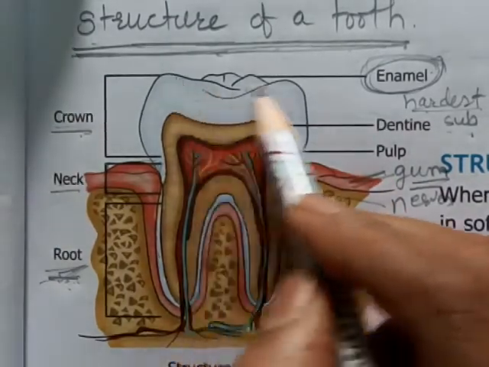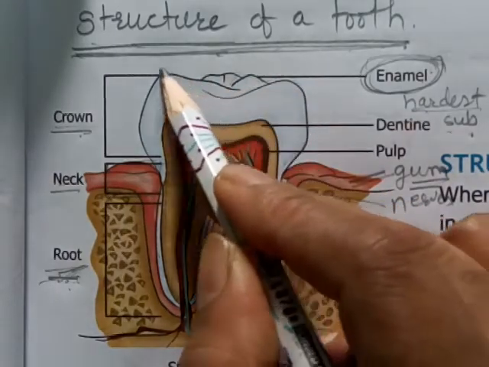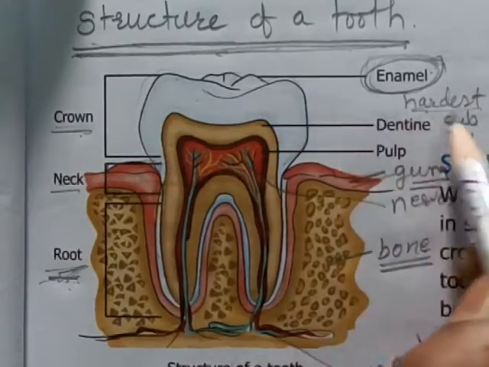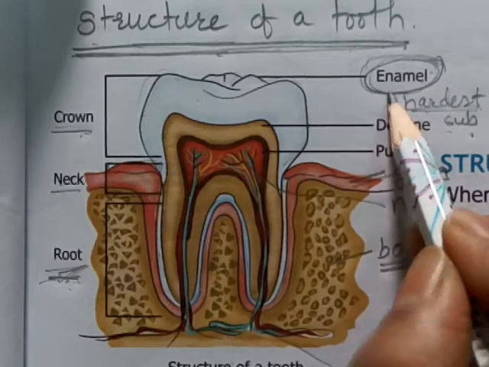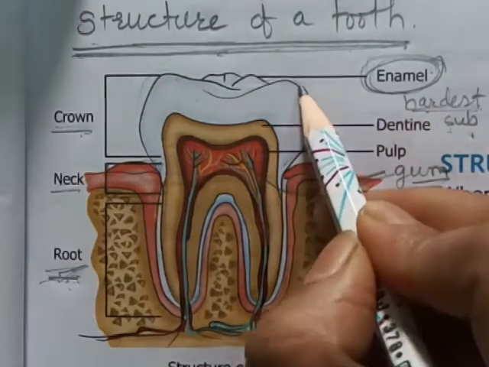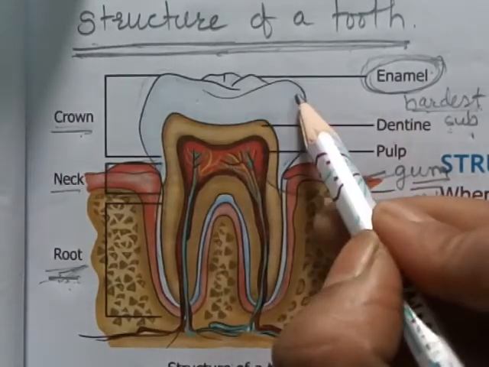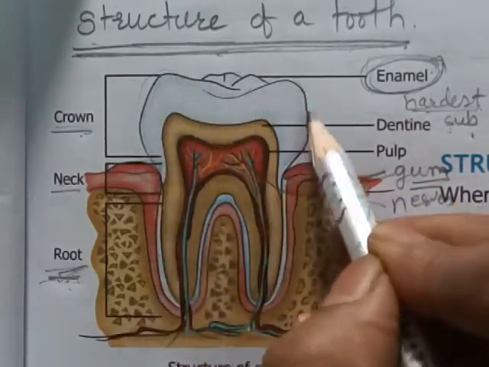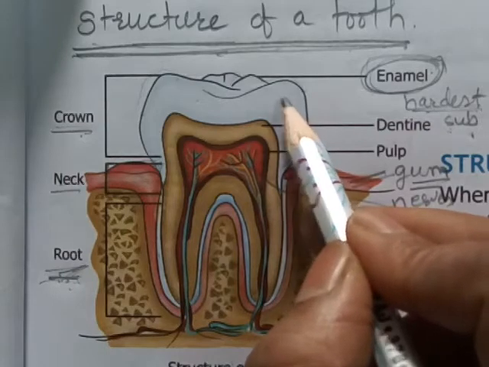Then the outer covering of the crown is white in color and it is very hard. As I told you earlier, this is known as enamel and it is the hardest substance in our body. Once it is damaged, then we cannot get it back. Our body cannot make it again, and we cannot heal it also.